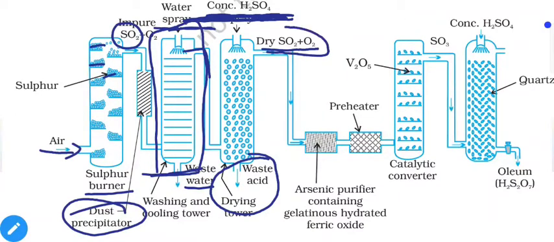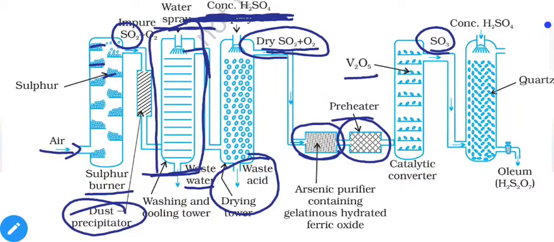Now the dry SO2 and oxygen pass through the arsenic purifier containing gelatinous hydrated ferric oxide, and the preheater, where both of the gases will react with each other. That means SO2 with O2 produces SO3 in the presence of V2O5, and the reaction will be faster.